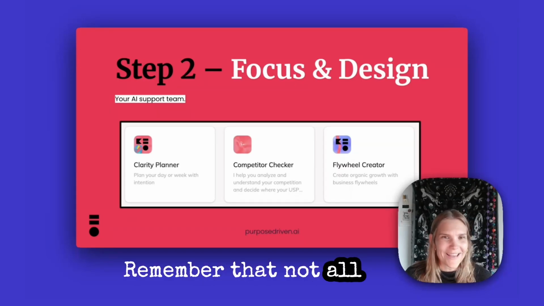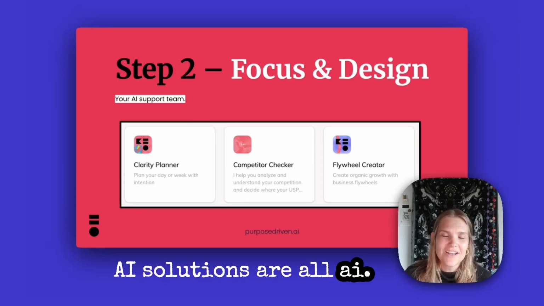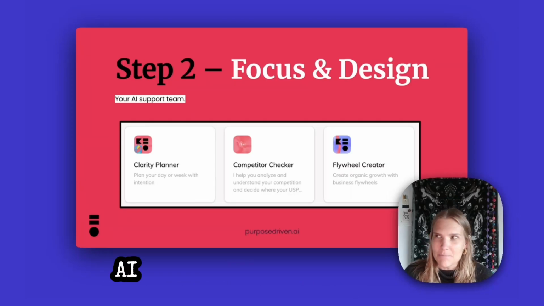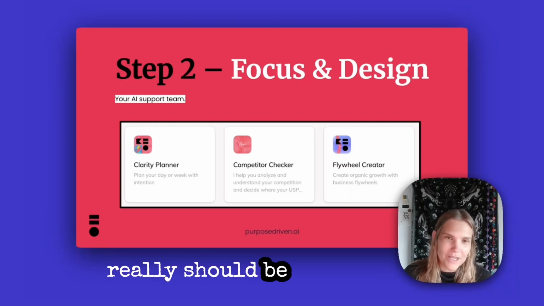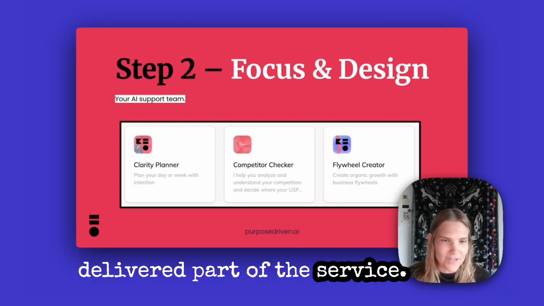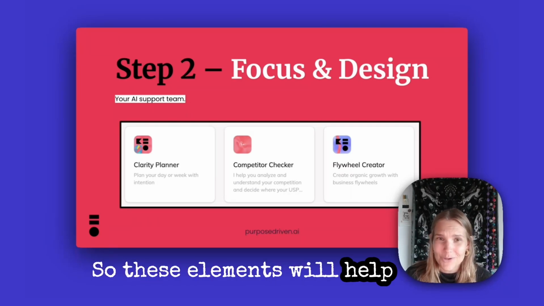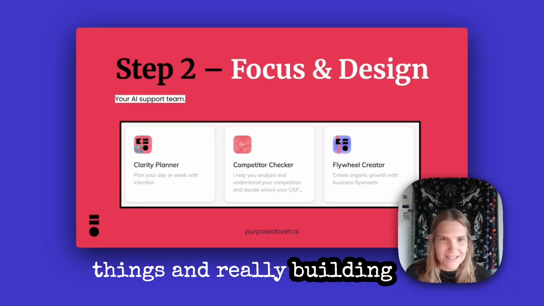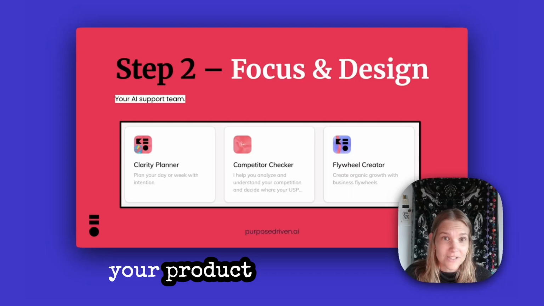Remember that not all AI solutions are all AI. So this will also help you make sure that you're not AI powering or turning into AI a solution that really should be a human delivered part of the service. So these elements will help you make sure that you're focusing on the right things and building something that enhances your product as a whole.